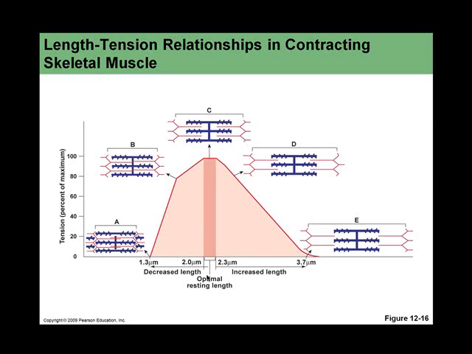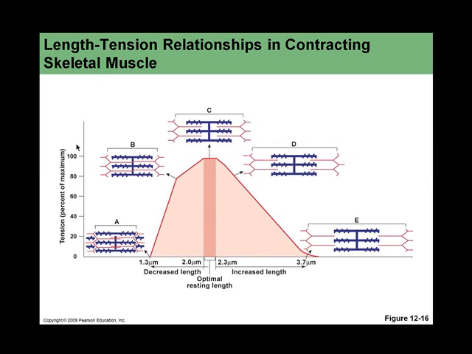So the optimal resting length is shown here at this position in C, and our x-axis is the length of the sarcomere, the initial length, and then the y-axis is the tension, the percent of the maximum from 0 to 100.